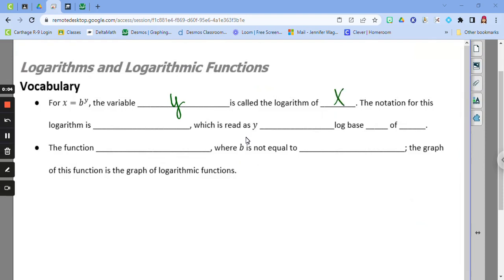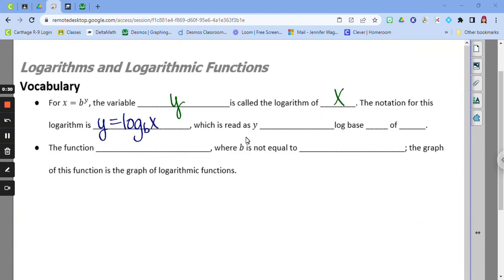Okay, so we're working with this. x equals b to the y, b being whatever base you have set that exponential equation to use. They've already replaced your x with your y. So the notation for this looks like that.